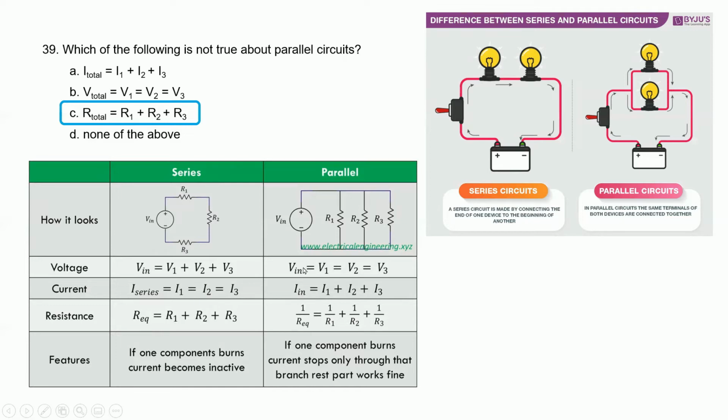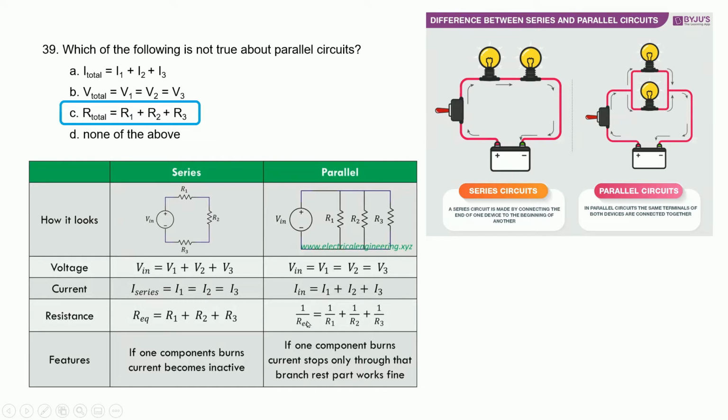And then, for the parallel circuit, the voltage is the same for all the terminals. So, R1, R2, and R3 have the same voltage. And then the total current is equal to the summation of the currents passing through R1, R2, and R3.